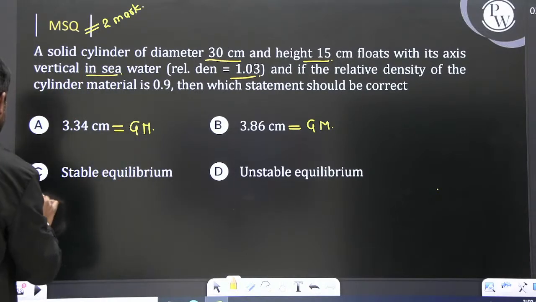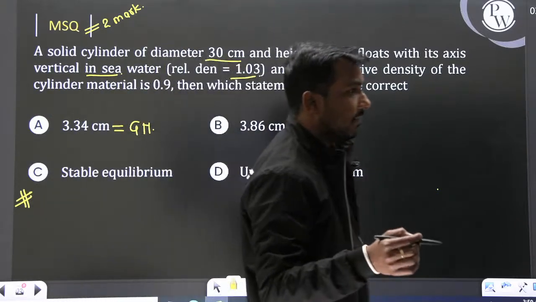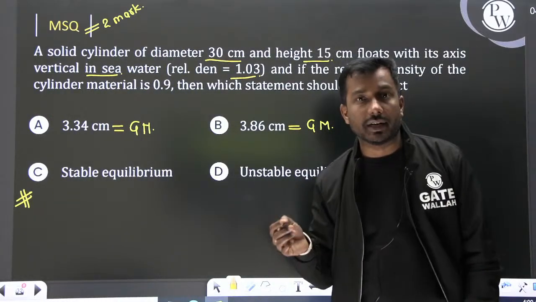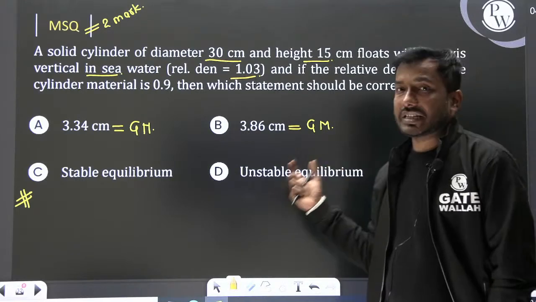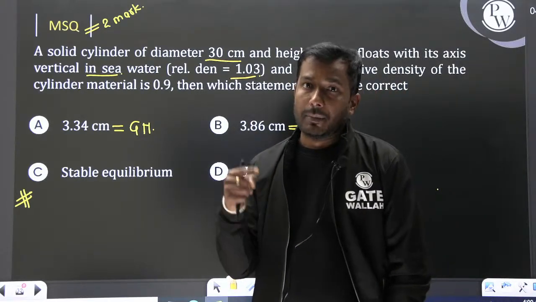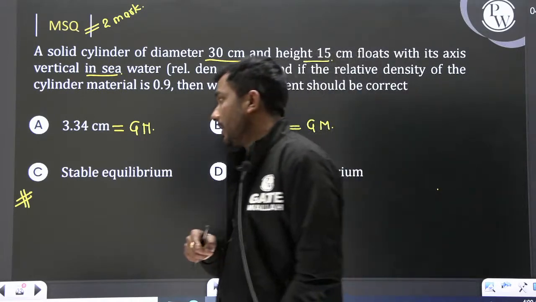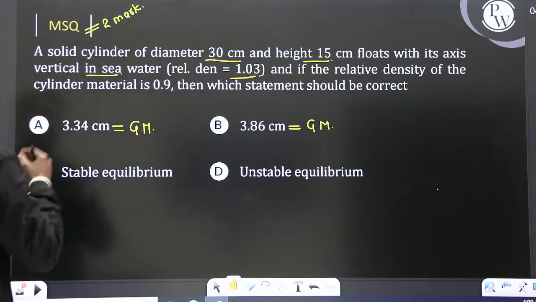Clear? Because we know that if GM is positive, then the body is in stable equilibrium under floating condition, and if our metacentric height is negative, the body is in unstable equilibrium, and if the metacenter coincides with the center of gravity, then the body is in neutral equilibrium during the float.